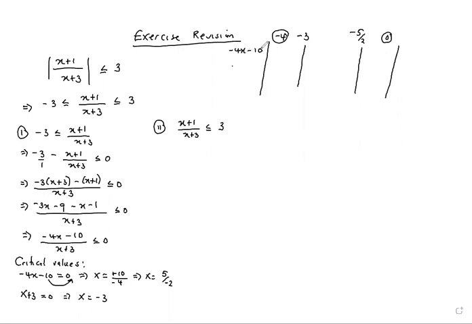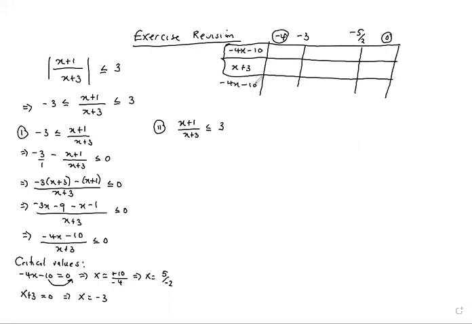The reason why we have -3 and +3 is because of the modulus. So you form a table of that nature, and then -4x minus 10 divided by x plus 3.